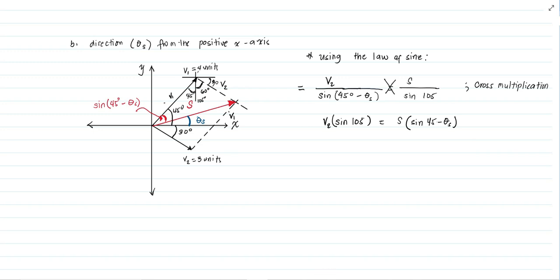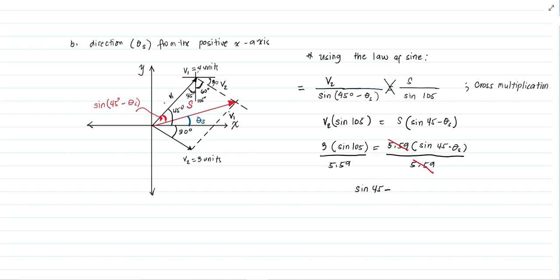Substituting all the known values, the equation becomes 3 times sine 105 equals 5.59 times sine of 45 minus theta sub s. Let us now solve for theta sub s. Dividing both sides by 5.59, so that we can simplify the equation on the right side.